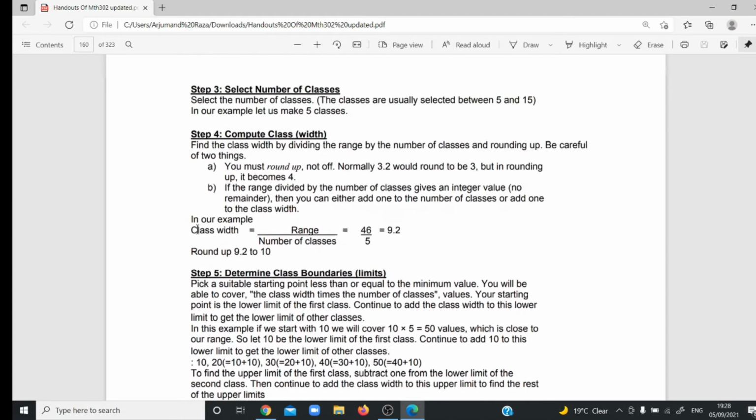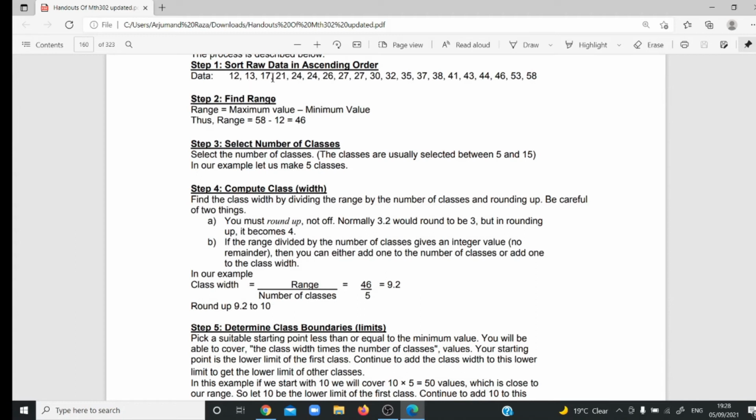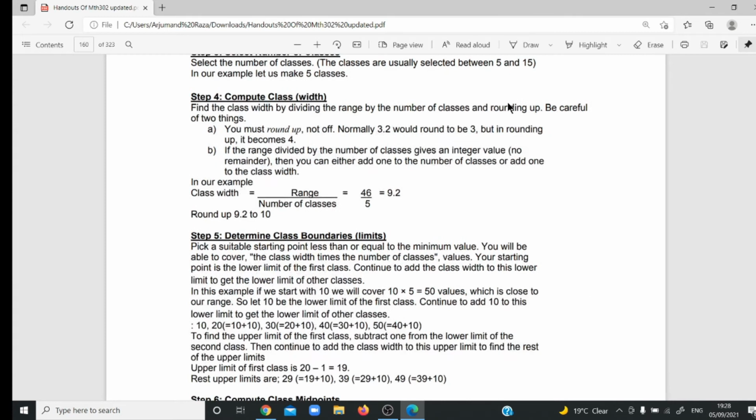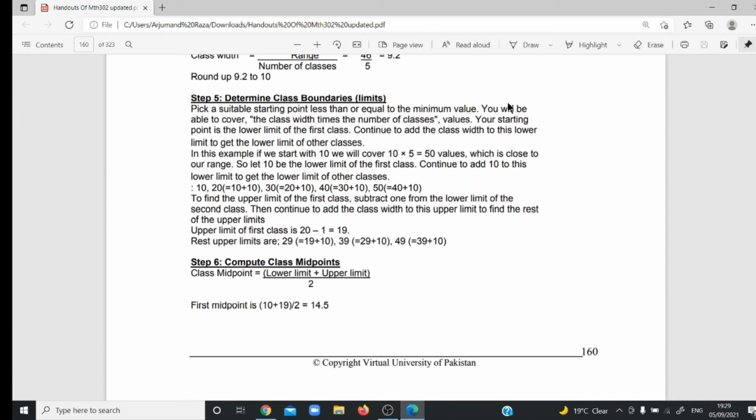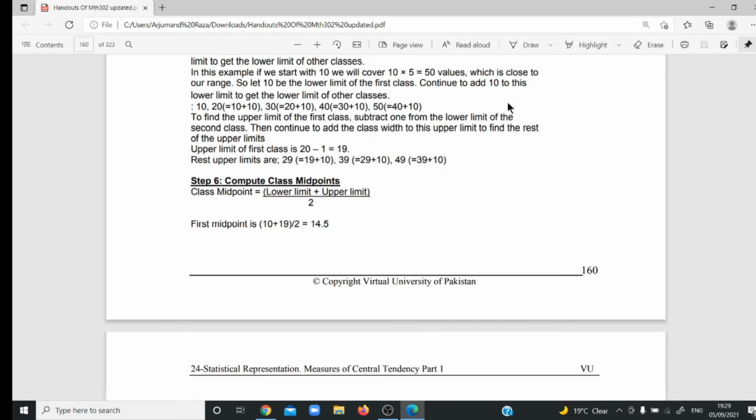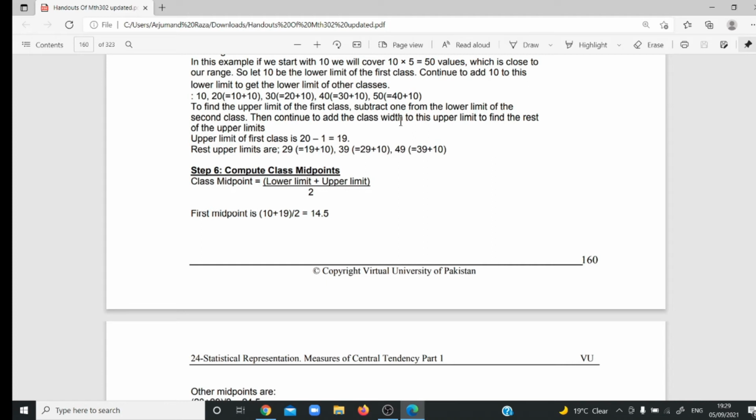Instead of making 5 numbers, I took just from 10 to 20, that is one class, and from 20 to 30 another class, from 30 to 40 another class, and from 40 to 50 another class. So the class width will be 10, and the number of classes, how many classes did I make? I made 5 classes. So the total number of values will be 50. Okay. And once I get the 50, I'll just show it like this. This is how to make classes.